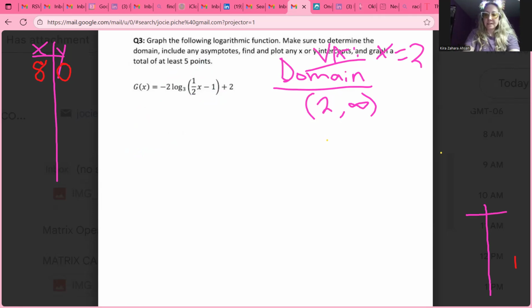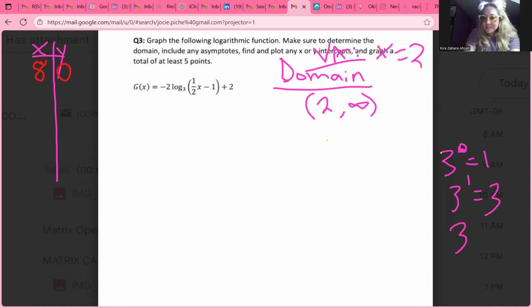So you just write it out. You don't have to write it down, but the more you write down, the more organized you stay, and the more you can avoid mistakes.